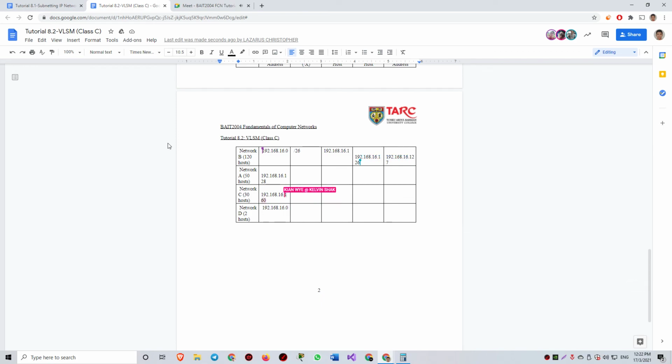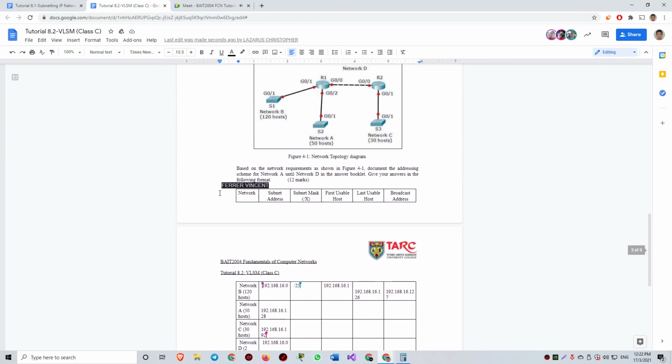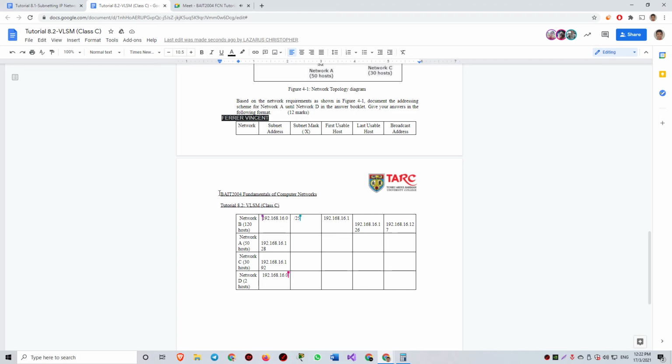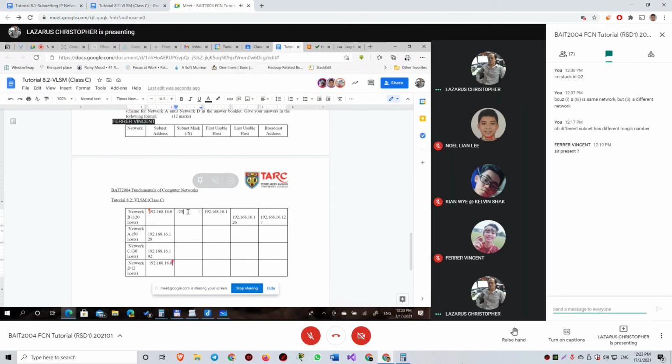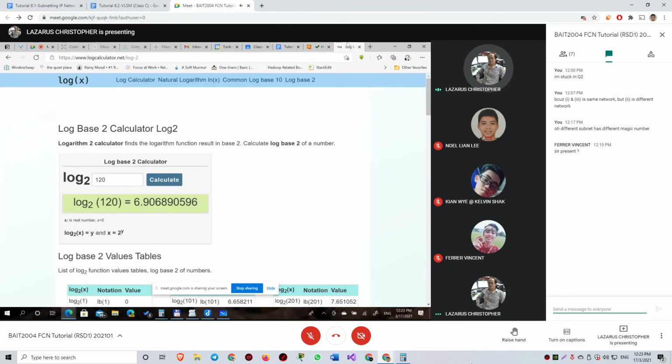So for network B, isn't the subnet supposed to be /25? Oh yeah, /25. Sorry. Okay. Now at network A, 50 hosts required. 50 hosts required means just plug in here how many bits are required to provide the host part.